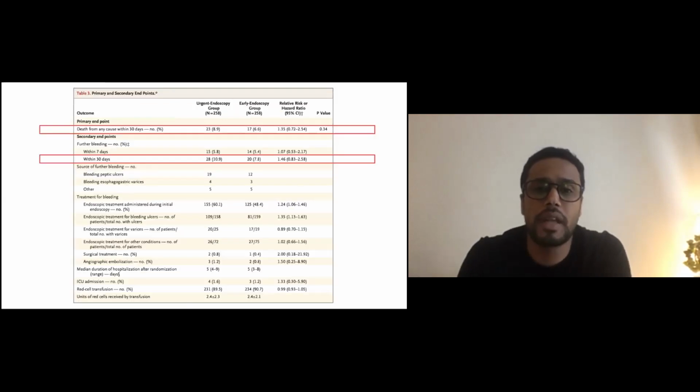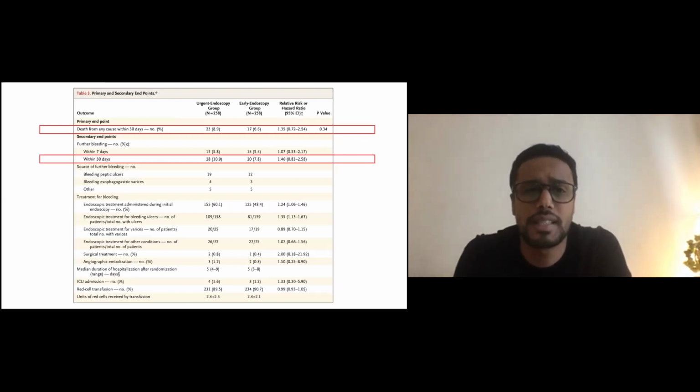Now, for the primary outcome, we can see that there was no big difference, or it was not statistically significant. In the urgent group, the death from any cause within 30 days was 8.9%, and in the early group, it was 6.6%. And also, for any further bleeding within 30 days, it was 10.9% in the urgent group and 7.8% in the early group.